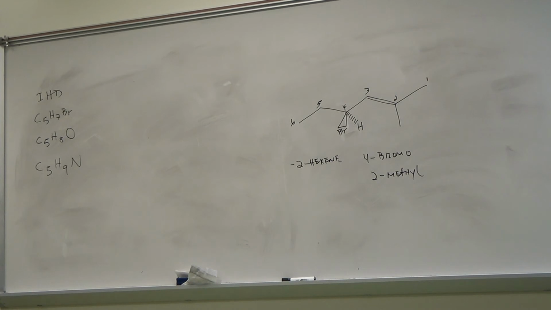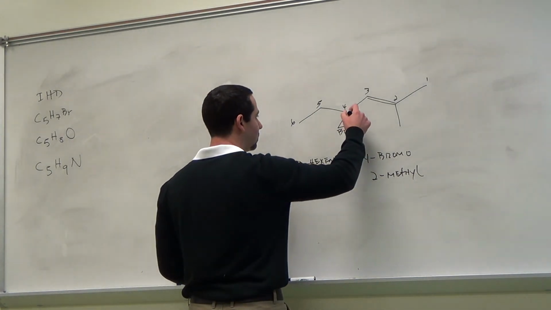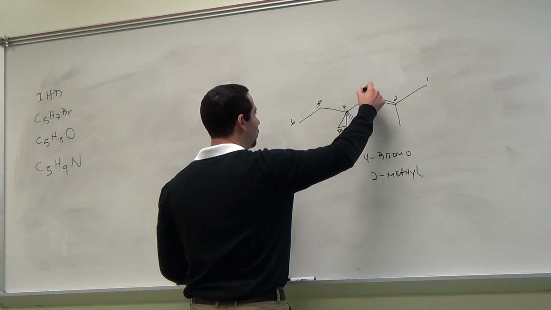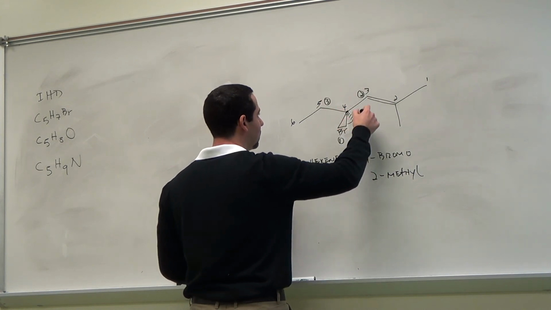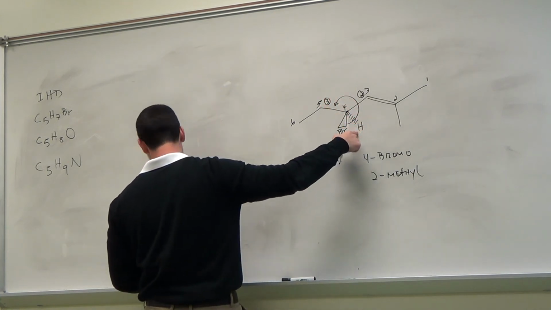It's R, because the hydrogen is in the back. So what is it, R or S? 1, 2, 3. So this is rotating that way. It's S. The hydrogen is in the back? Yes.